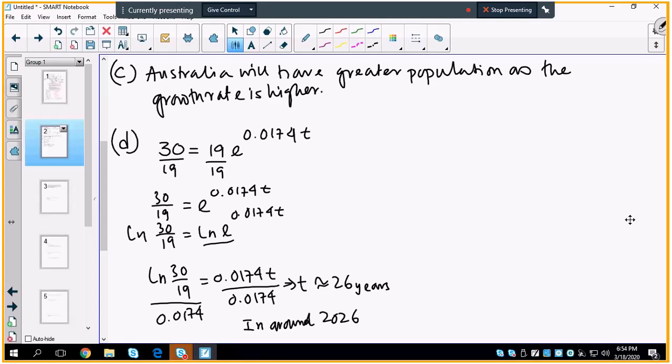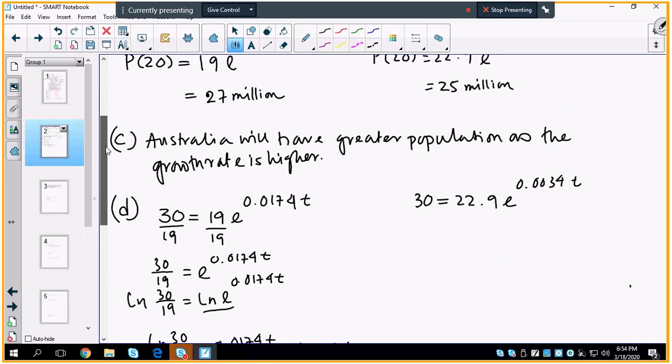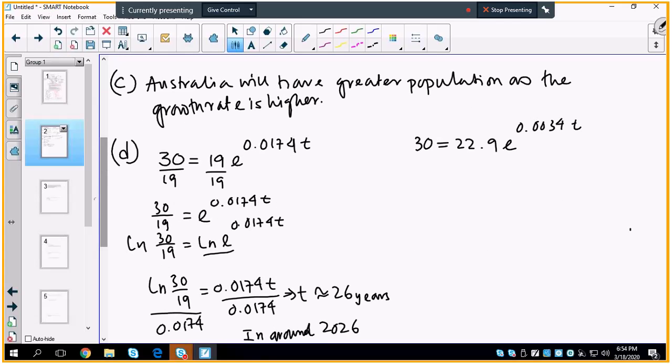How about Taiwan? So again, do the same thing. You set 30 equal to 22.9 e to the power 0.0034t. You are interested in finding t for Taiwan's population. Pretty similar work. Divide both sides by 22.9. So I get 30 over 22.9 equal to e to the power 0.0034t.